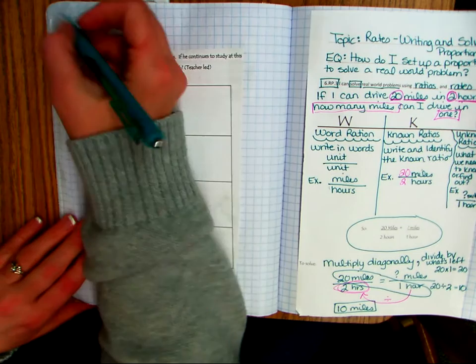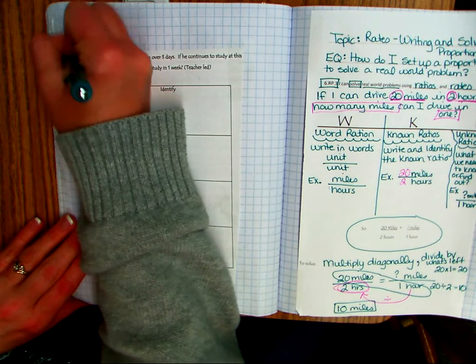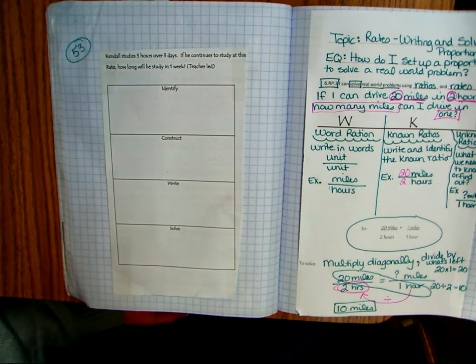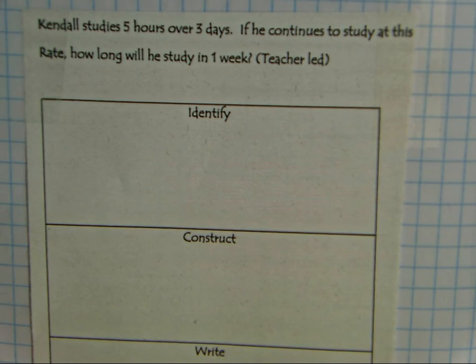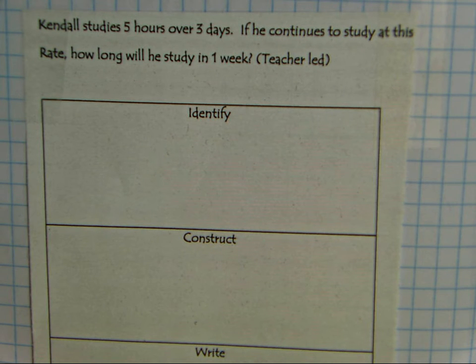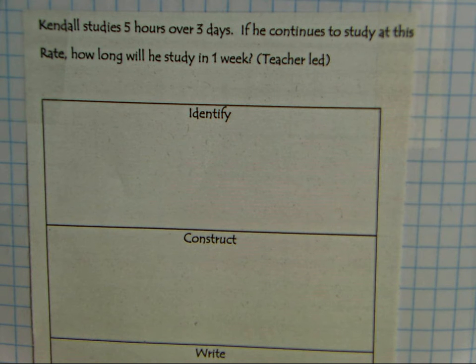And this is once again on page 53. Now, we've got a word problem. First we're going to mark up our text. It says, Kendall studies 5 hours over 3 days. If he continues to study at this rate, how long will he study in 1 week?